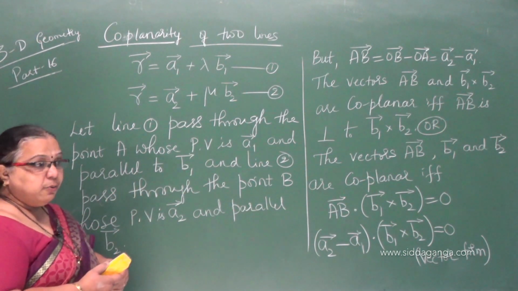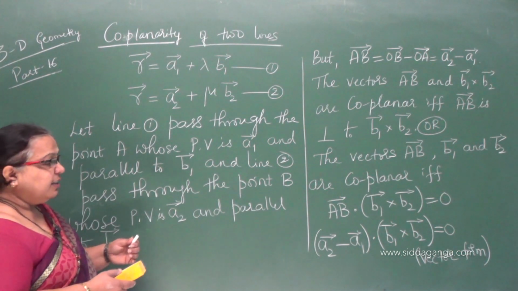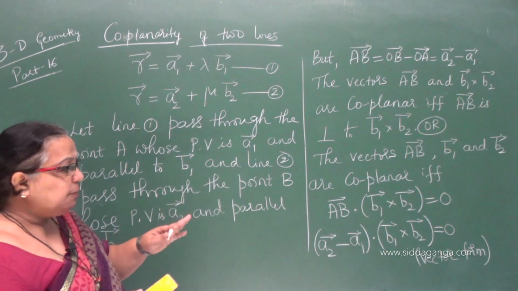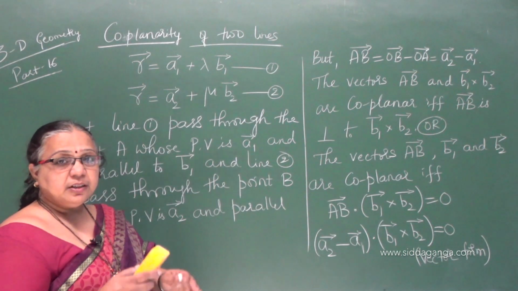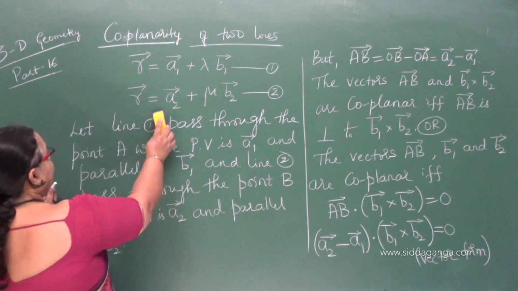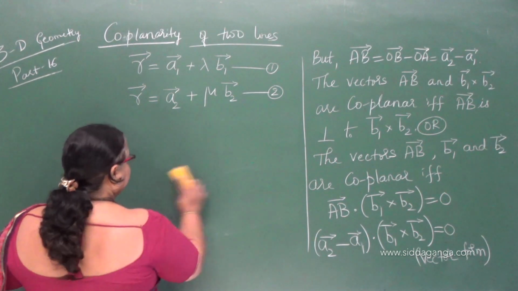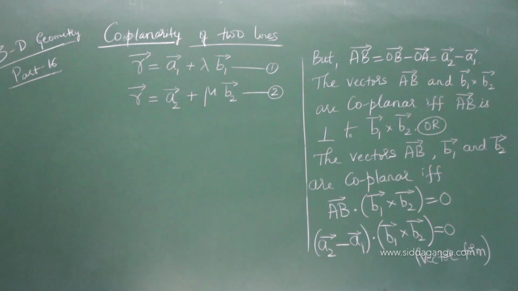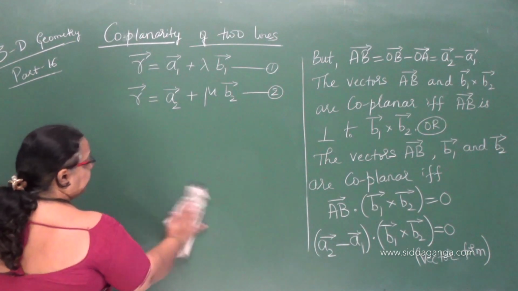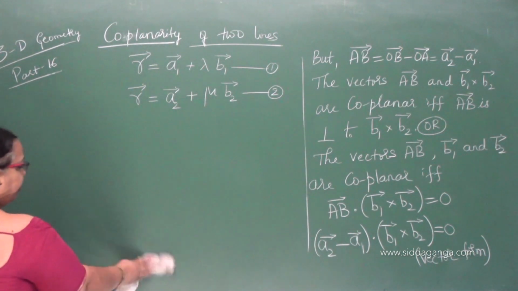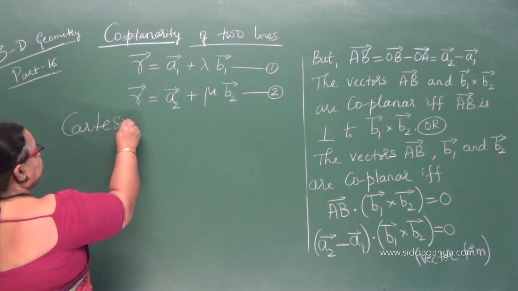So we first express them in components I, J, K and then substitute. If we substitute into the vector form equation, then it reduces to the Cartesian form. To express this in the Cartesian form, we have to consider the coordinates of the points A, B as well as the components of B1 vector and B2 vector.